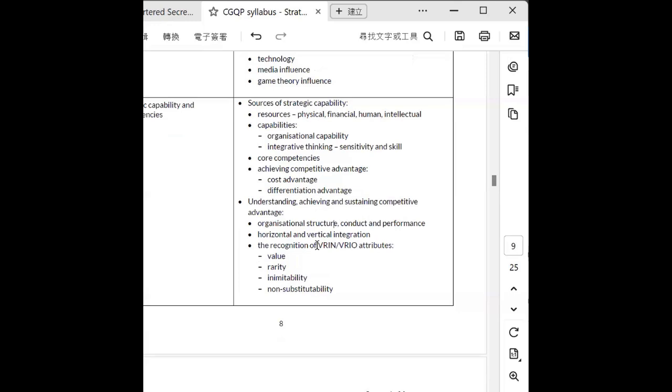Then the VRIN analysis, which is value, rarity, inimitability, or sustainable, non-substitutability. That you cannot substitute. Right. So these are the VRIN analysis.